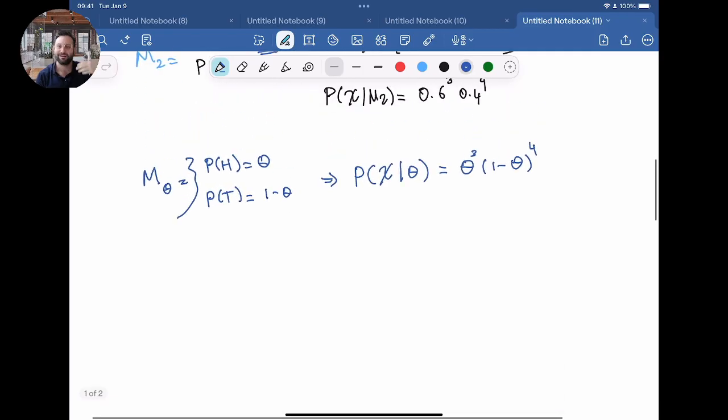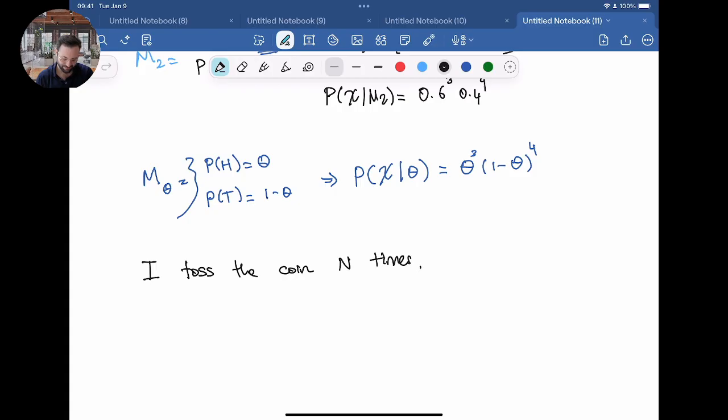And now another step forward, now I'm generalizing. Remember the experiment of understanding theta with the coin that I'm holding in my hand. I can toss it however many times that I need. So let's say I toss the coin n times, and k of them land heads.